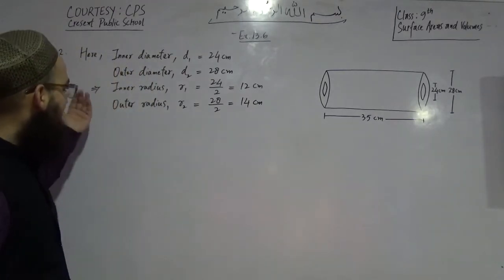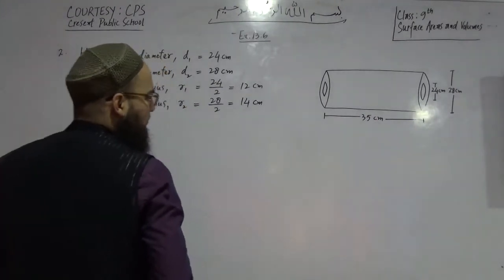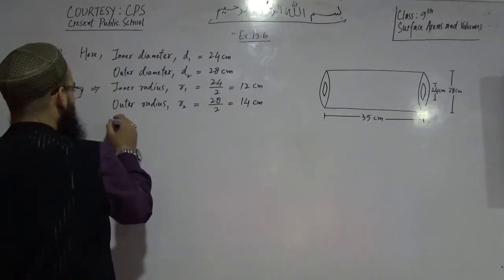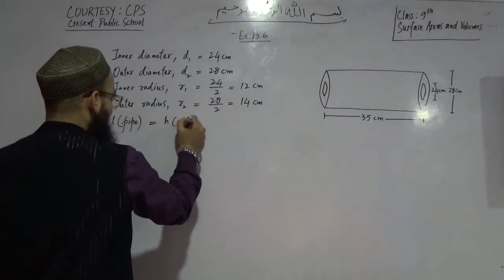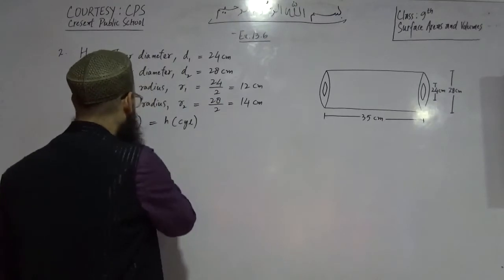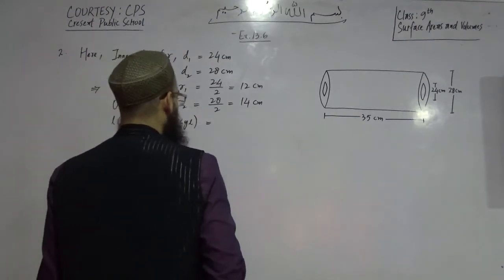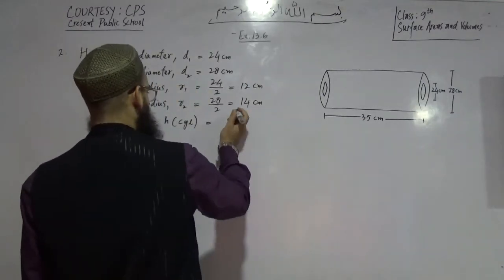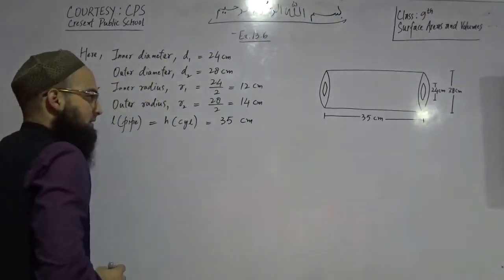So we have both inner radius as well as outer radius. Then we have length of pipe, which is equal to height of cylinder, because in this case this pipe is cylindrical. So length of pipe is height of the pipe, and that is 35 centimeter.